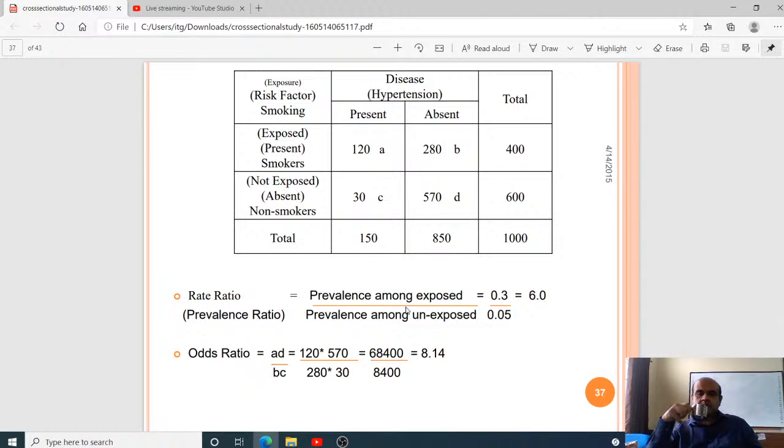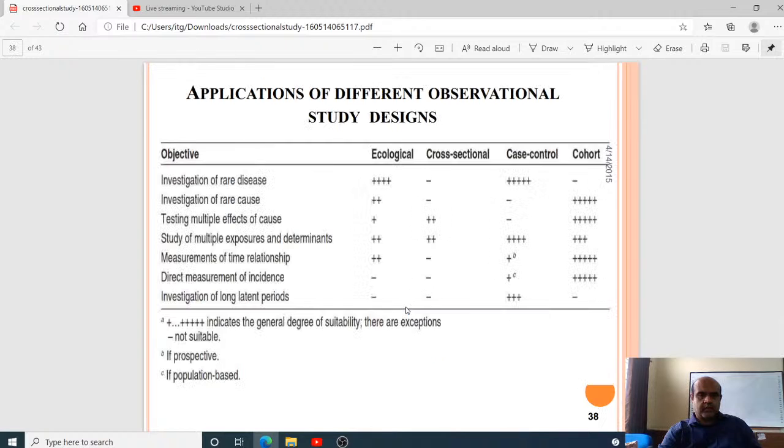So the rate ratio comes out to be 6.0, and the odds ratio, if you calculate, comes out to be 8.14.